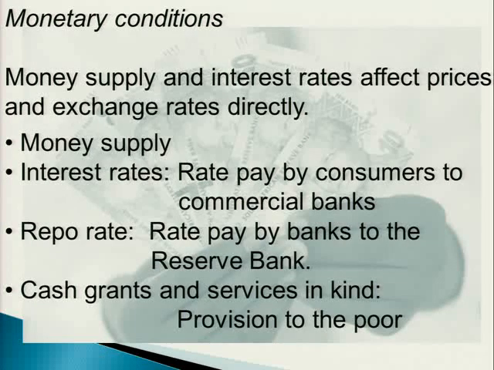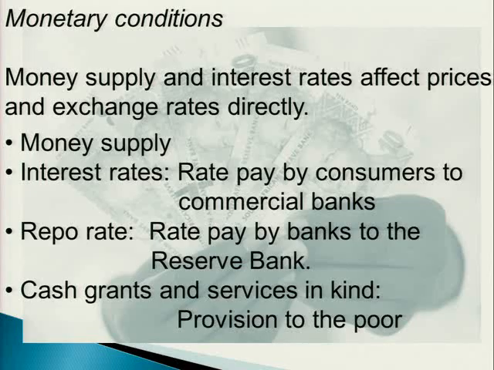On the other hand, what is the repo rate? This is the interest rate paid by commercial banks if they borrow money from the Reserve Bank. Remember, the Reserve Bank is the bank of all the banks. And if the commercial banks are borrowing money from the Reserve Bank, they are paying a repo rate.